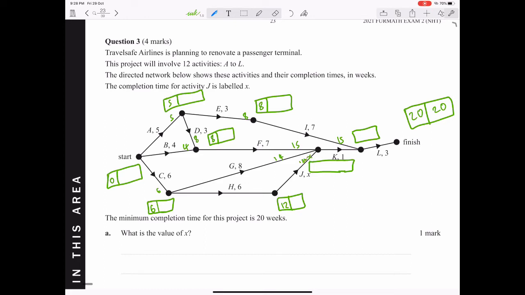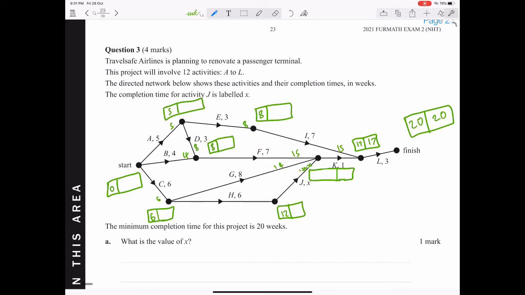So now we need to determine the value of x. From this step over here, we can backtrack and determine what the latest start time is. So we can now determine the latest start time for activity L. That'll be 20 minus 3 is 17. And since there's only one arrow here, we would know that the earliest start time for L would also be 17.